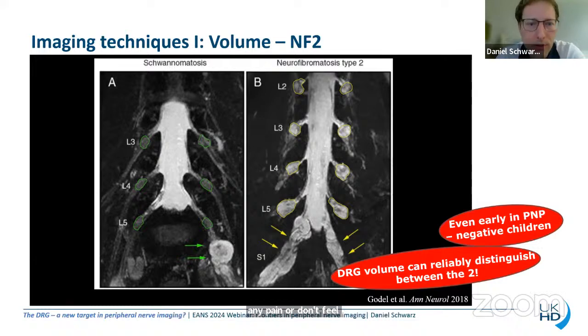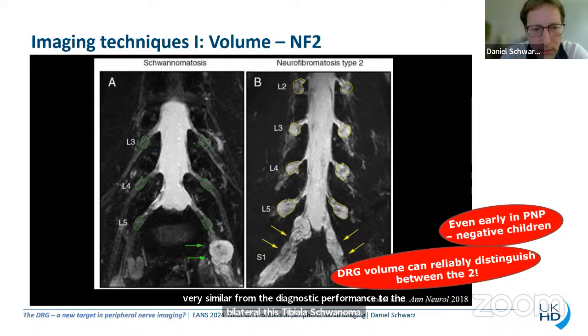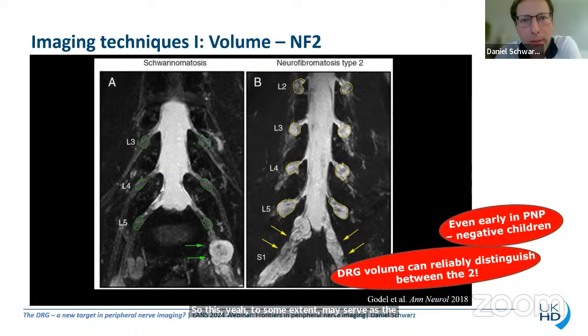So this is a very consistent finding, which is actually very similar from the diagnostic performance to the bilateral vestibular schwannoma. So this, to some extent, may serve as the kickoff point, because it shows how interesting this structure actually is and how different even the gross volume can be.